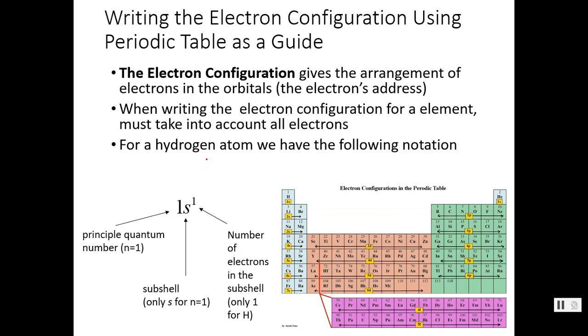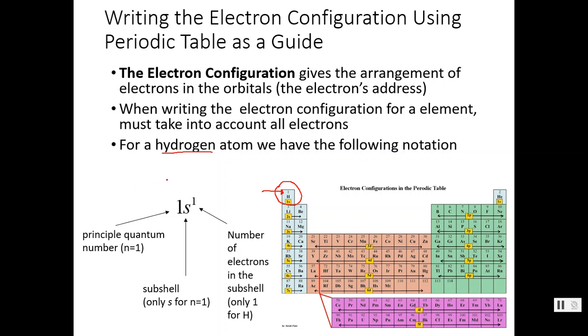So, for example, let's say I wanted to write the electron configuration for hydrogen. Hydrogen is right here on the periodic table. And I see that a neutral hydrogen atom has one electron. How do I know that? Because hydrogen has one proton, according to its atomic number.